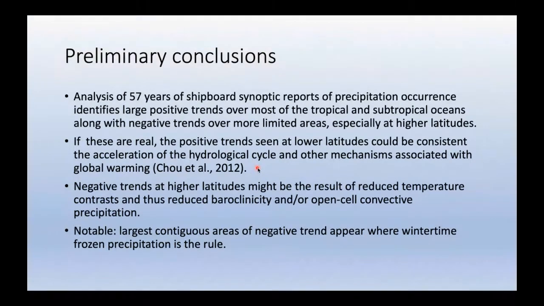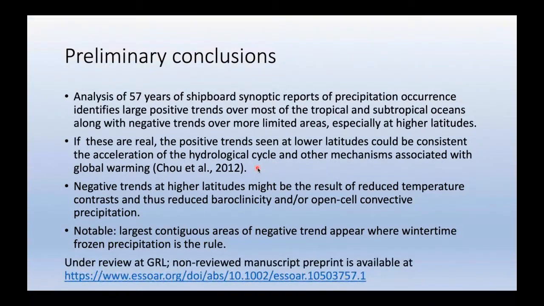It's interesting that the largest contiguous area of negative overall trend appears where wintertime precipitation is often frozen, and so it would be interesting to try to tease out to what extent those negative trends are specifically in the context of frozen precipitation, or whether they're across both phases of precipitation.